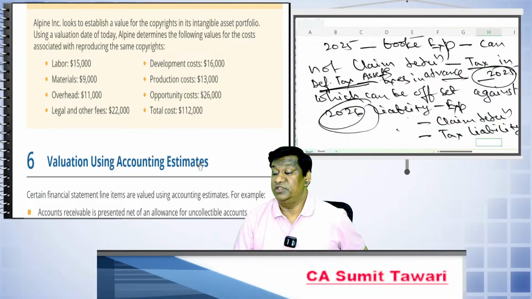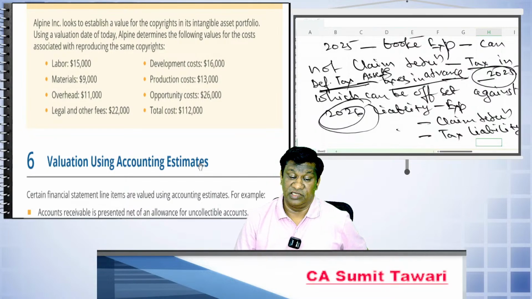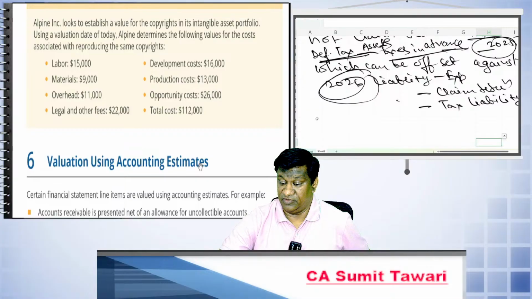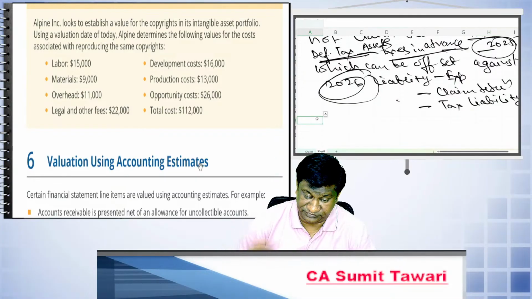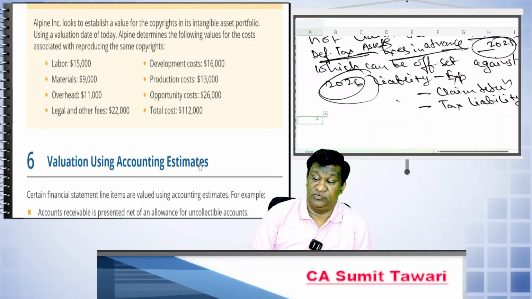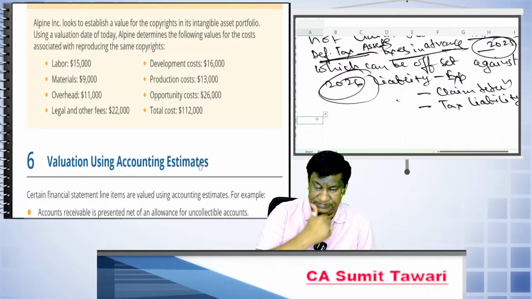So whatever additional taxes you paid in 2025 are treated as advance tax, and that's why we need to create the deferred tax asset. It is not a trading or sellable asset, so we do not require any valuation. Valuation of deferred tax asset and liability depends on the Income Tax Act.